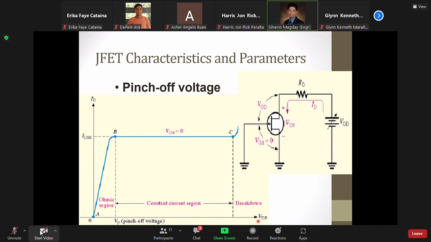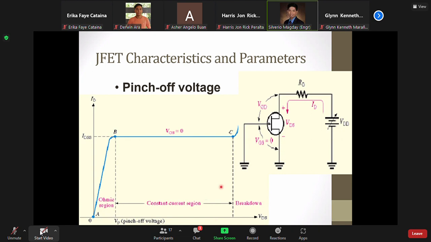So once yung VDS reaches a specified value, which is ito yung pinch off voltage na tinatawag natin, further increases in VDS are offset by a directly proportional increase in channel resistance, and yung device nag-constant na siya dito wherein your VGS is at 0. So at pinch off voltage, parang ito yung active point, yung constant current region, kaya VGS is at 0.